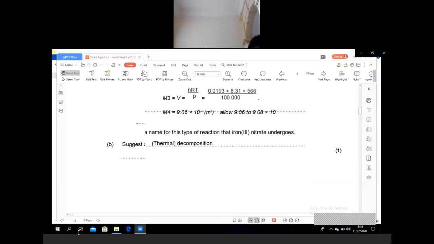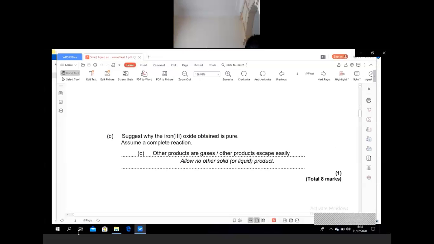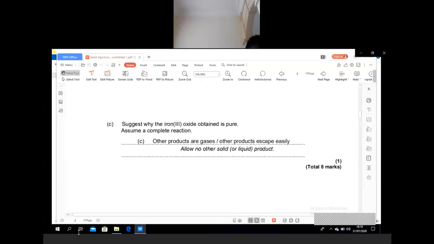Suggest a name for the reaction. This is called thermal decomposition, as we learned already in grade 10 IGCSE chemistry class. And suggest why the iron 3 oxide obtained is pure. Assume a complete reaction. Iron 3 oxide is pure. Why?